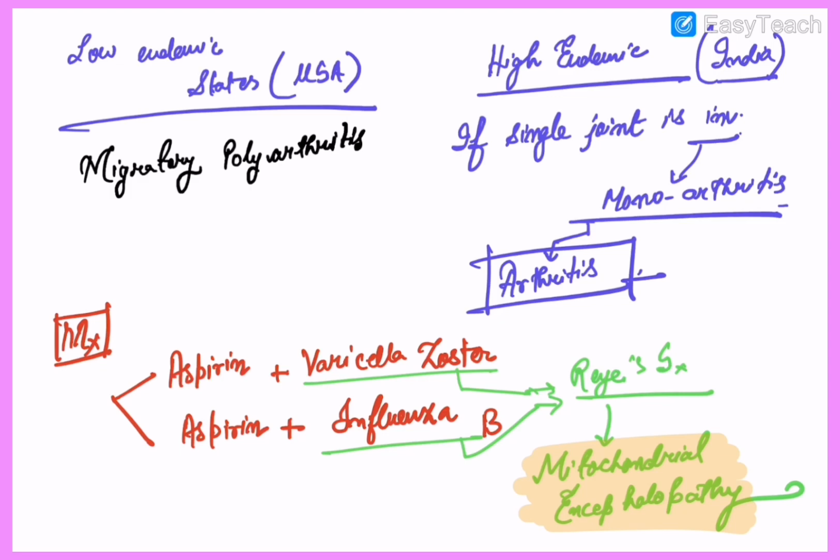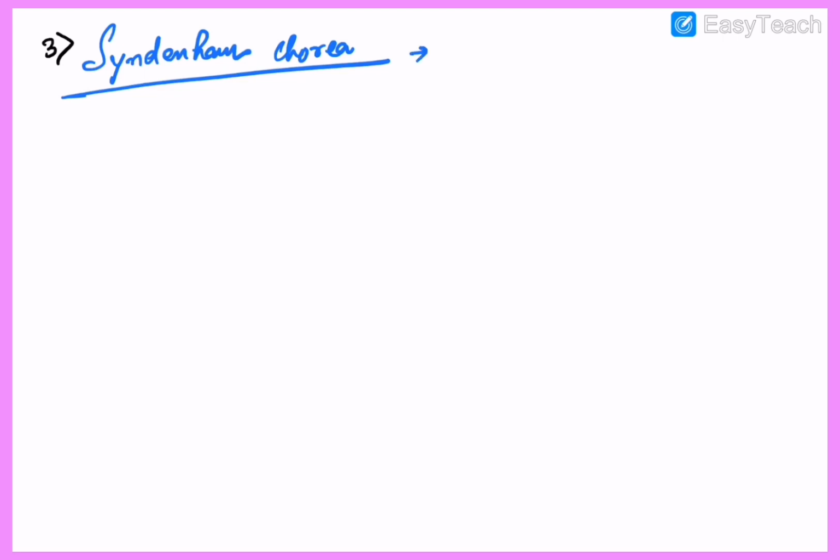Now, the third point, that is a new name, Sydenham chorea. So it's a chorea. It's basically a late manifestation. It's a late neurological feature.